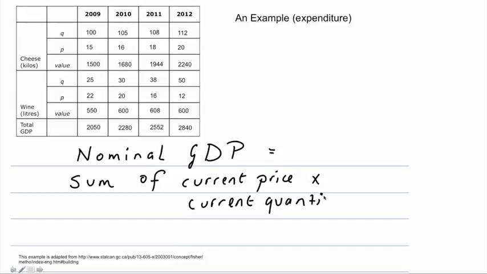Now remember, by current I mean that for each particular year I've valued the quantities in that year by the price that was current in that year. So this nominal GDP in 2009 is reflecting the prices in 2009. Nominal GDP in 2010 reflects the prices in 2010.